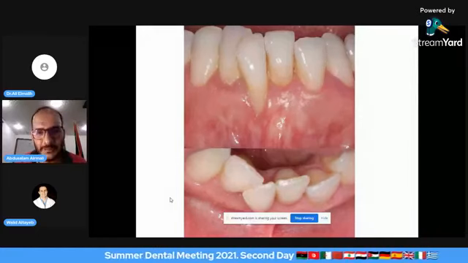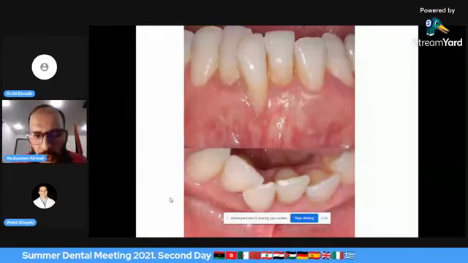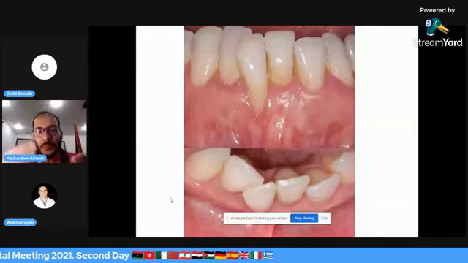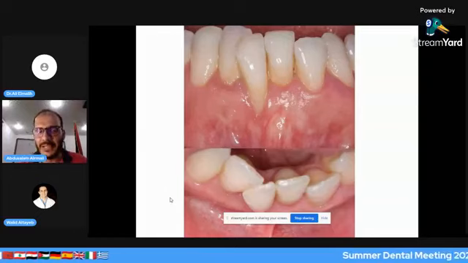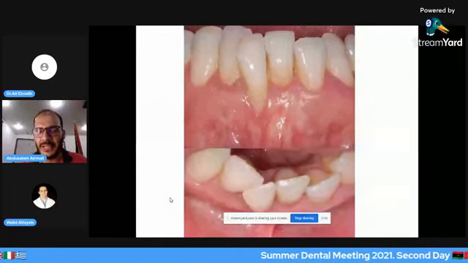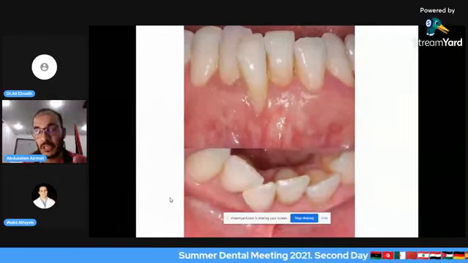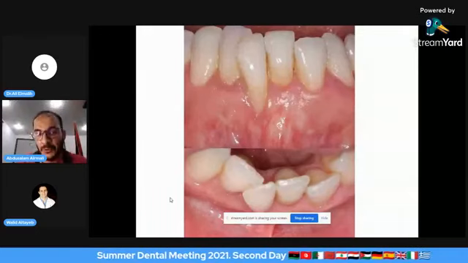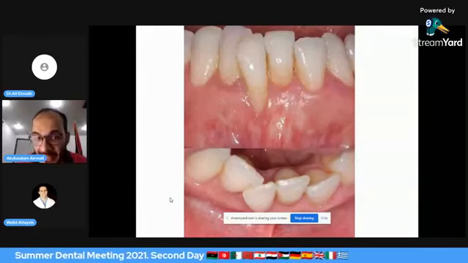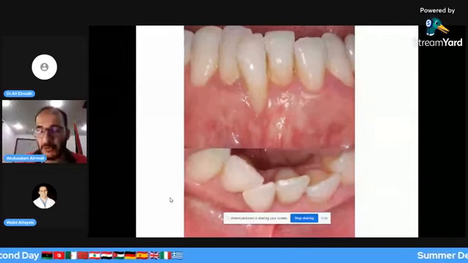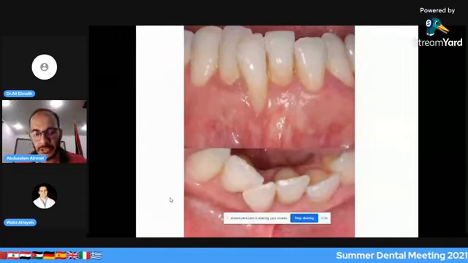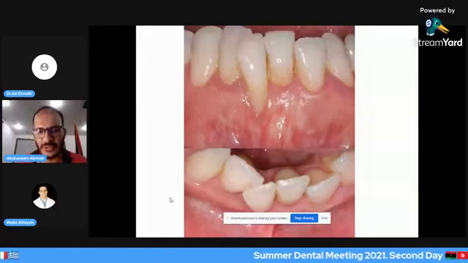This case is indicated for orthodontic treatment first, to align the teeth and bring this tooth inside the line of the teeth and inside the bone housing. That will improve the exposed root and the keratinization. After 6 months from the completion of the orthodontic treatment, you can use any kind of soft tissue graft around those teeth.